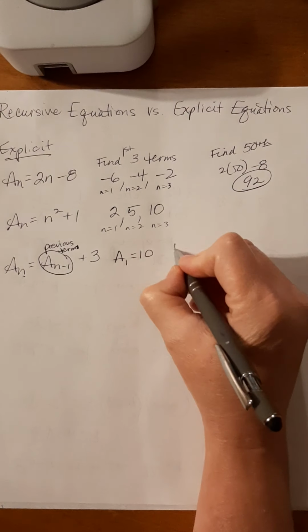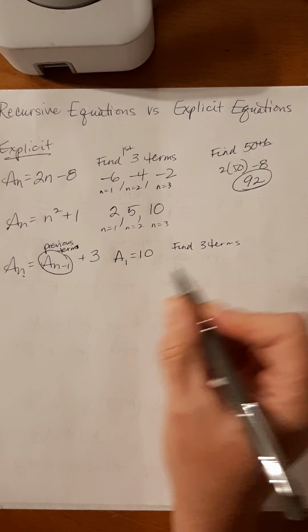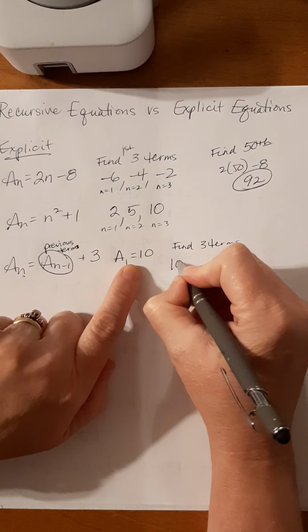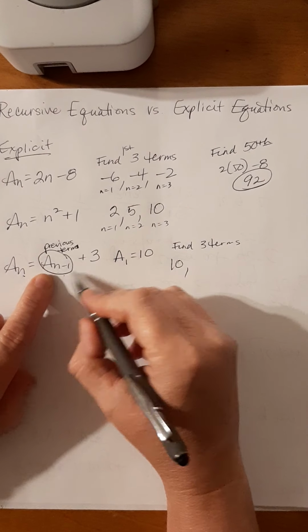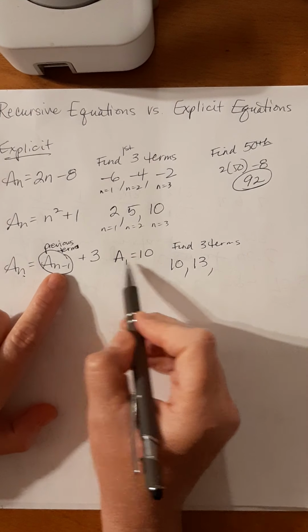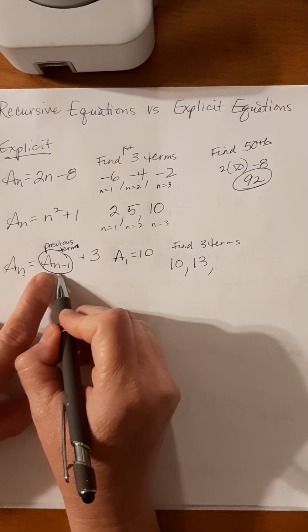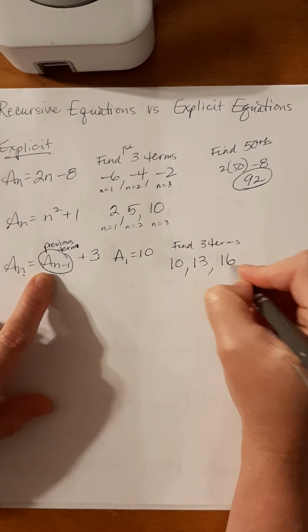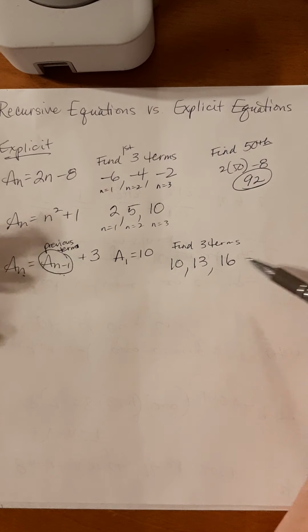So if they said, find the first three terms, well, if the first term is 10, you only have to find 2 more. So previous term, 10 plus 3, 13. Next term, or the third term, is the previous term, 13 plus 3, 16. And so note, I bet you're like, oh, we're just adding 3 every time.